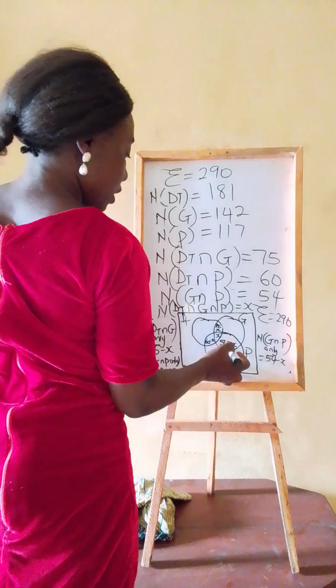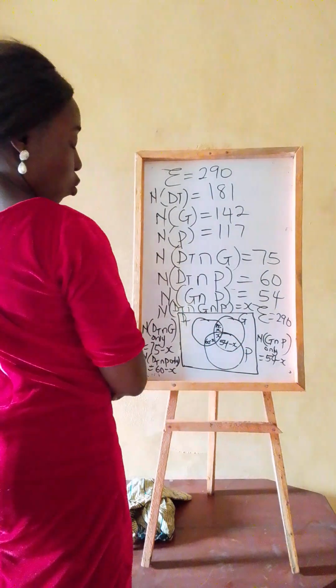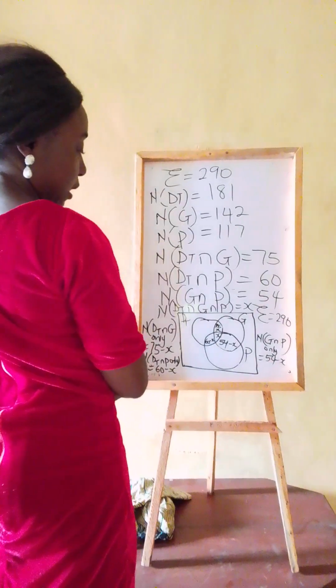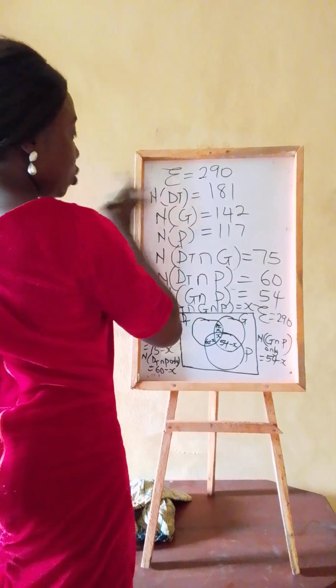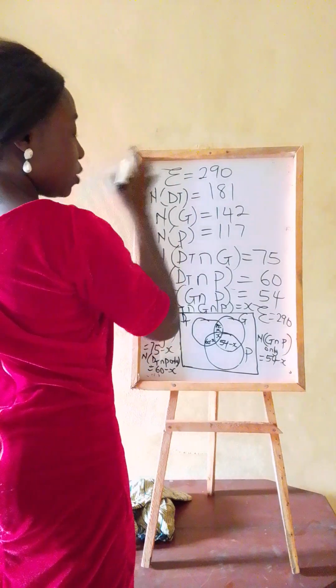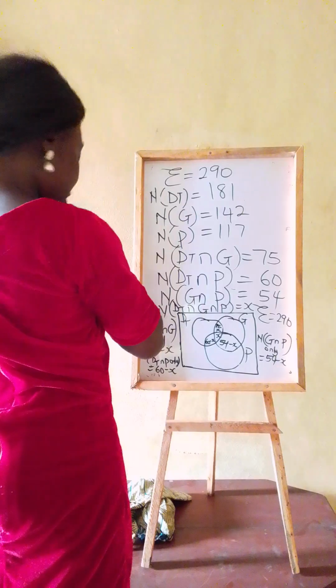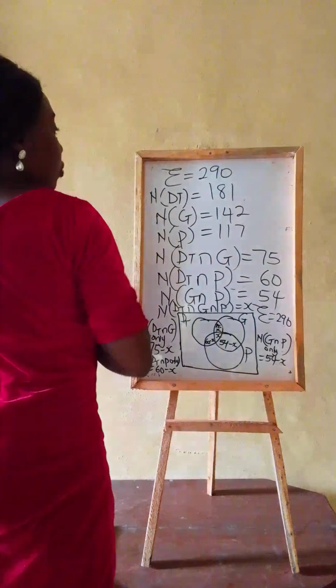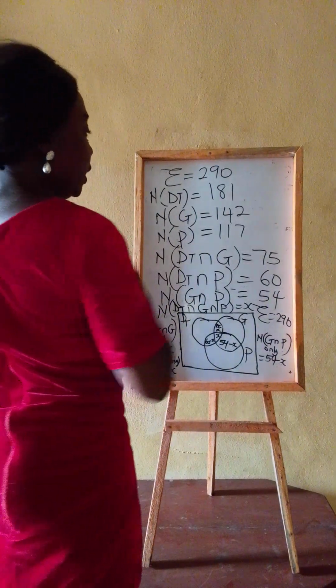So when we are done with this, we will now calculate for DT only. How will you calculate for DT only?